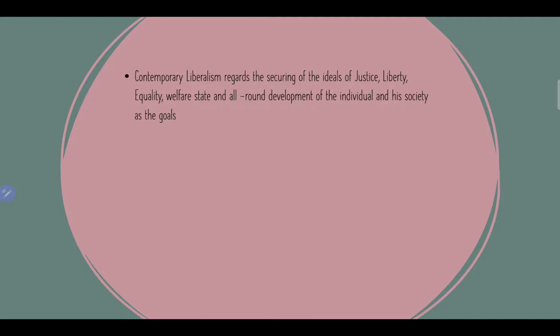Now this is just an extra note: contemporary, modern liberalism. More in contemporary times, what does modern liberalism talk about? Modern liberalism talks about securing the ideals of justice, liberty, equality, welfare of the state, and all-round development of individuals and society as a goal. So it's very easy.